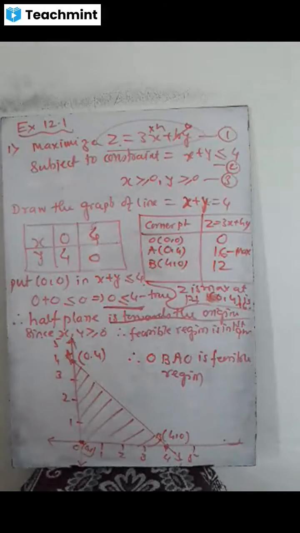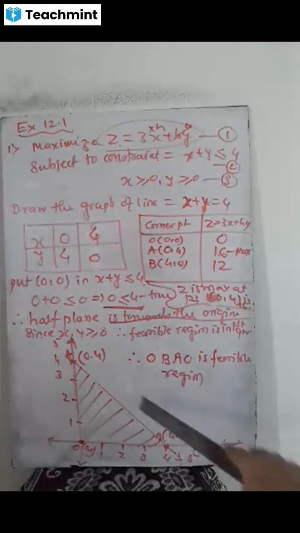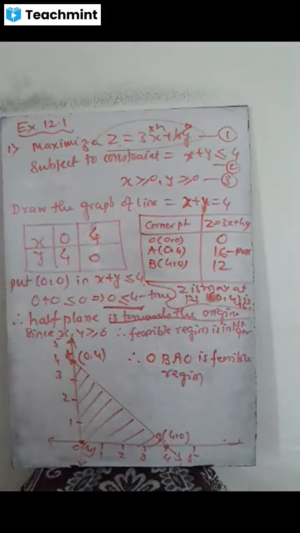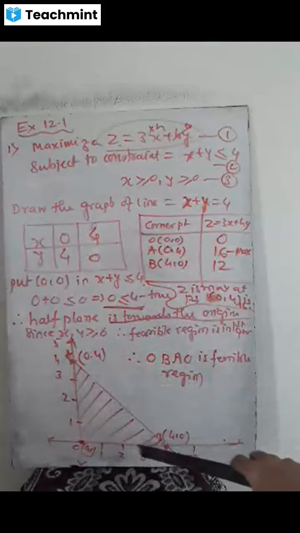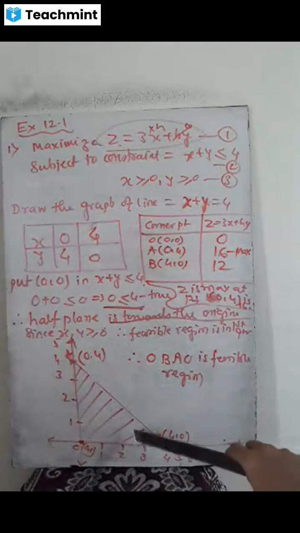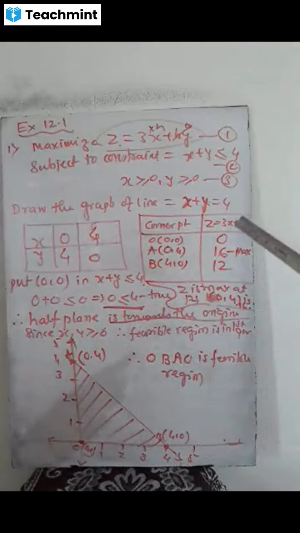Now here we have to frame the equations from the given constraints, and then we will plot these in the form of a graph. Then we will find the feasible region and the corner points. After finding the values, we will put them in z, and accordingly we will get the maximum, or if the problem asks for minimum, we will get the minimum.